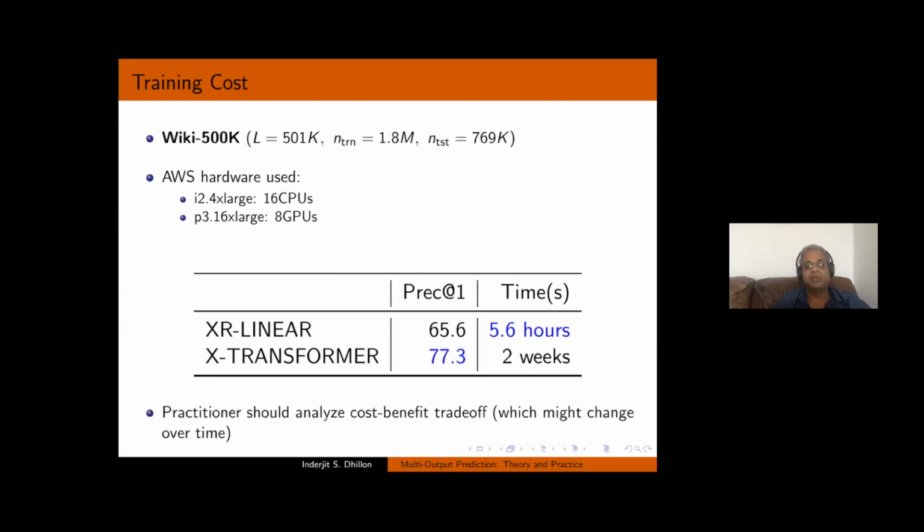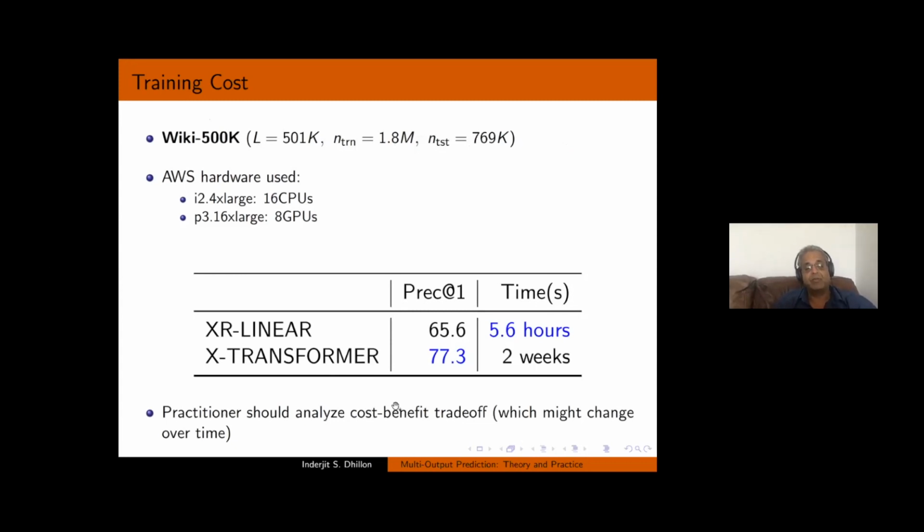And similarly, on this larger data set, Wiki 500K, you do get a substantial bump in precision using these BERT models, these latest deep learning models. But in XR linear, you can train during the workday, whereas here it has to be about 2 weeks, okay?